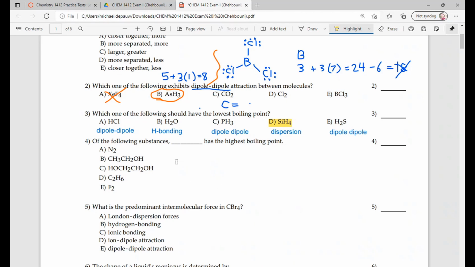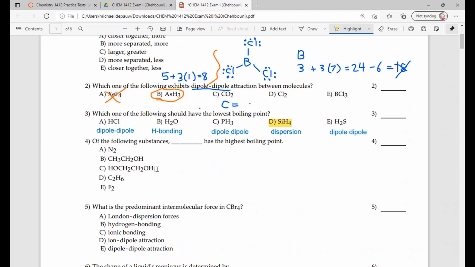All right, number 4, the following, which has the highest boiling point. So once again, if we're looking at this in terms of the mass, the masses of these are pretty similar. This is 28. The CH3CH2OH, that's going to be closer to 40.